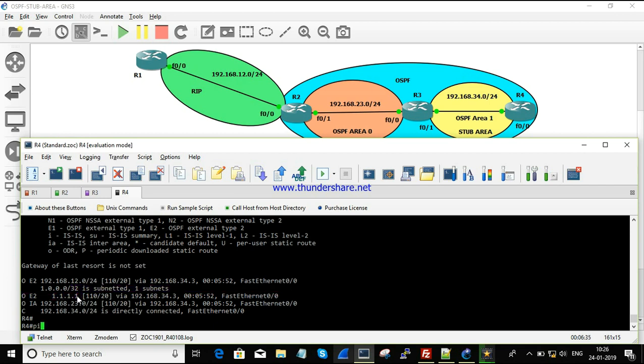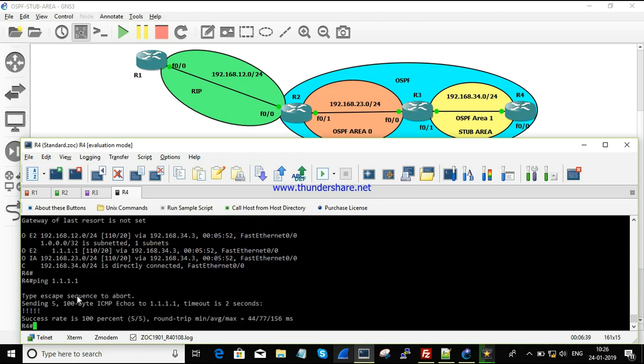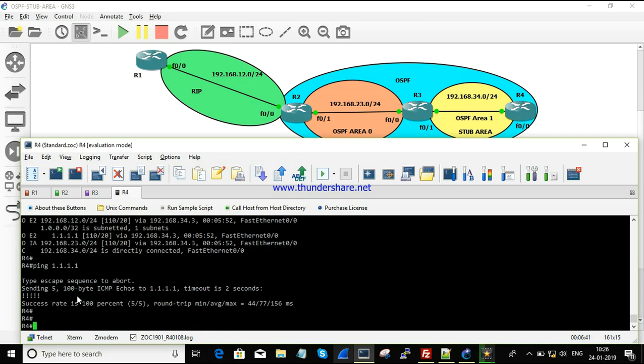Let's try to reach it from R4. Yes, it's reachable, and it is shown under the OSPF code of external type 2, OE2, which I explained in the earlier session, which is nothing but OSPF external type 2.